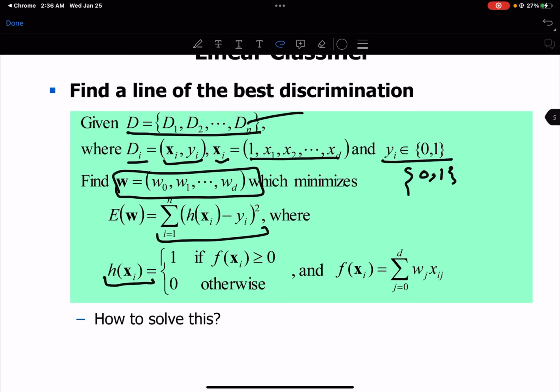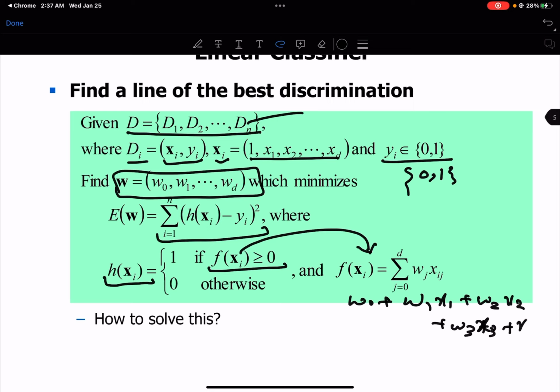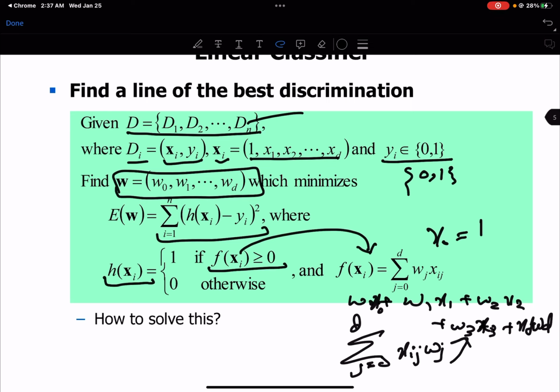And we can write that our classifier h of xi should be 1 if our function f of x is greater than or equal to 0, where we can define f of x as we did before: w0 plus w1 x1 plus w2 x2 up to wd xd, or starting from x0, where x0 is 1, we can also write it as the summation over j of wj xij. So this is the same representation as we studied before.